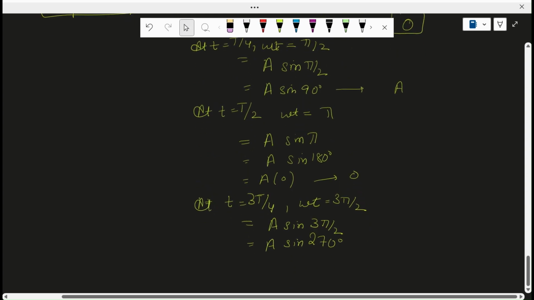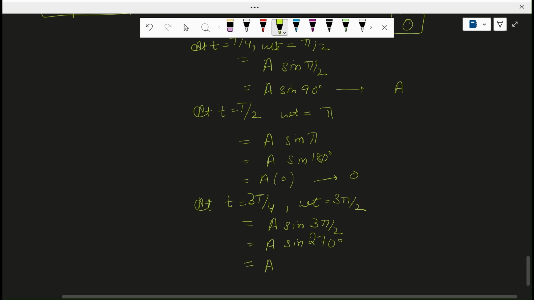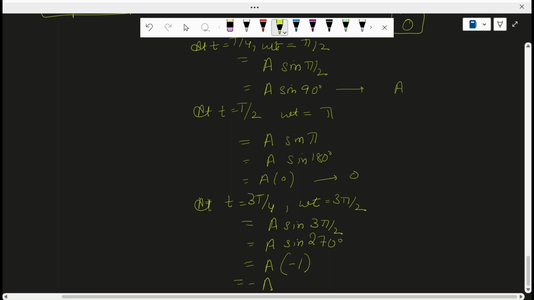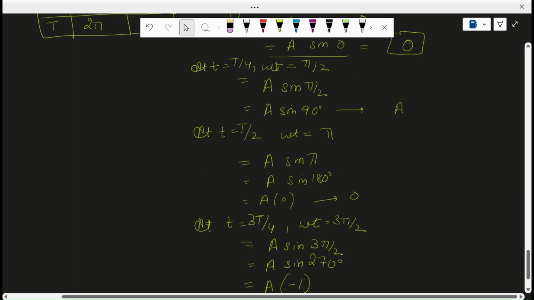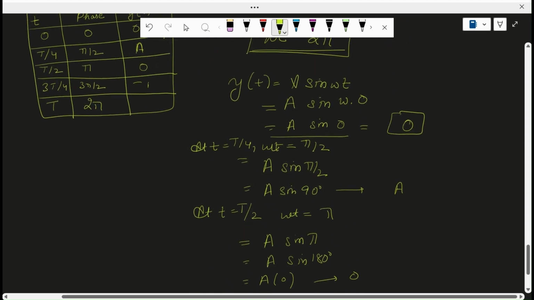So you can use the conversion factor to convert radians into degrees. So what is sine 270? For the time being, let us remember the values only, because later on we'll study the quadrants, so we'll understand how these values 1, 0, -1 are obtained by the sine function. So this is our minus A. So let me write here minus A.